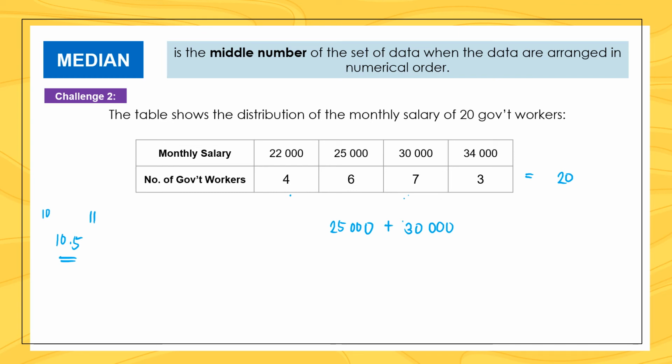We add these 2 and then divide by 2. By the way, I haven't mentioned that the median is represented by this symbol, an X with this symbol on top. Next, 25,000 plus 30,000, that's 55,000 all over 2. That will give you 27,500. Am I correct? So this is the median of this distribution of monthly salary of 20 government workers.